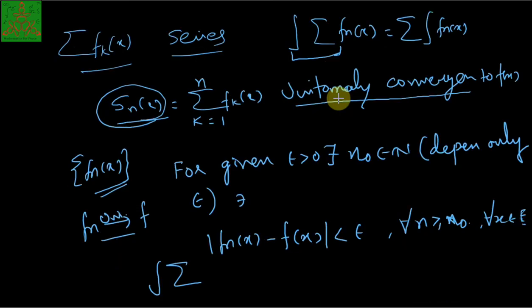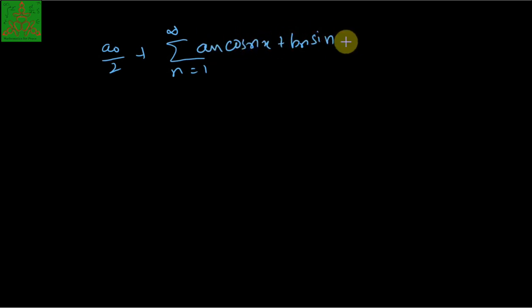Let us try to prove that theorem now. Given that the series a0 by 2 plus the summation of n running from 1 to infinity of an cos nx plus bn sin nx is equal to f of x, because it is given that it is uniformly convergent.